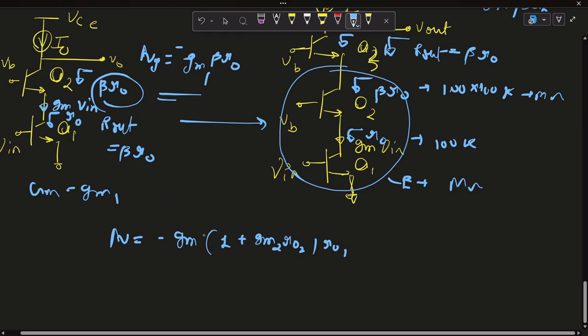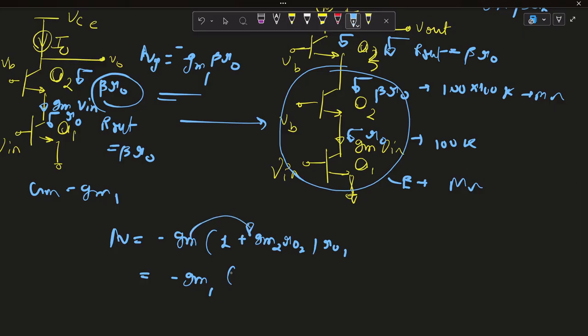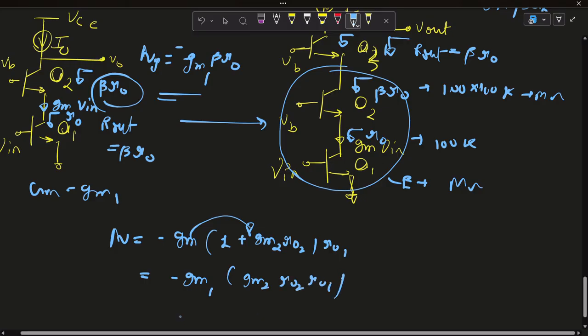If we assume everything is the same, like Q1 and Q2 transistors are the same, then it will become GM1, and it will multiply and go to a larger value, which is GM2 RO2 RO1. So this is GM1 and GM2 RO2.